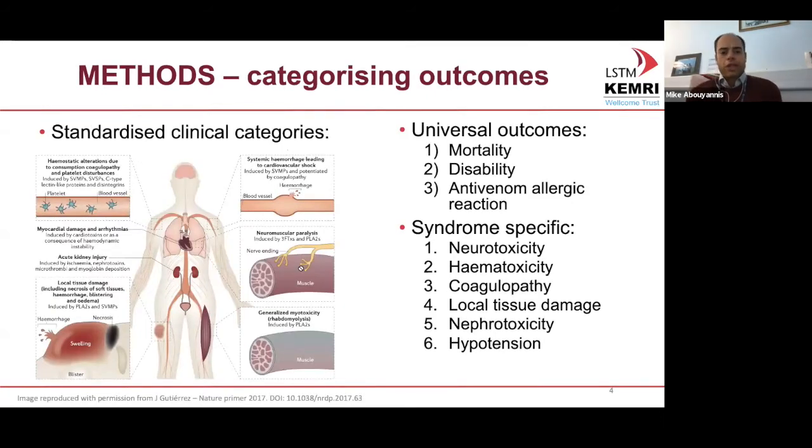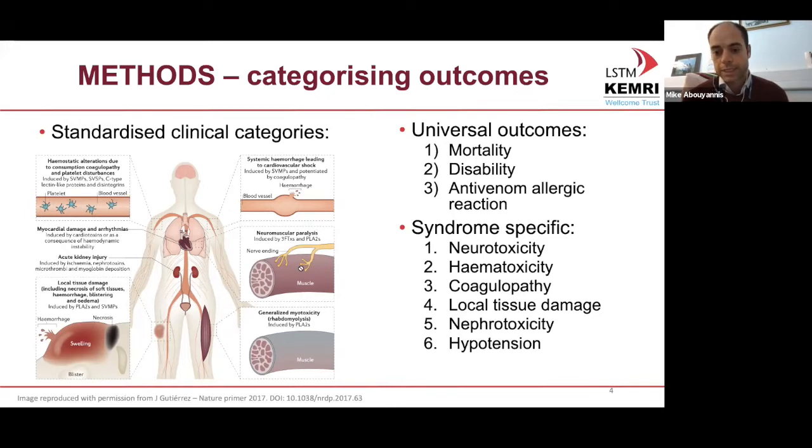So one challenge with outcomes in snakebite is the diversity of syndromes of envenoming. And this is something that we have dealt with by splitting outcome measures according to the clinical syndrome. So although some outcome measures can be universal, such as mortality, disability, and antivenom allergic reactions, in that they should be measured in all snakebite clinical trials, some should only be measured when the relevant species causes that syndrome.